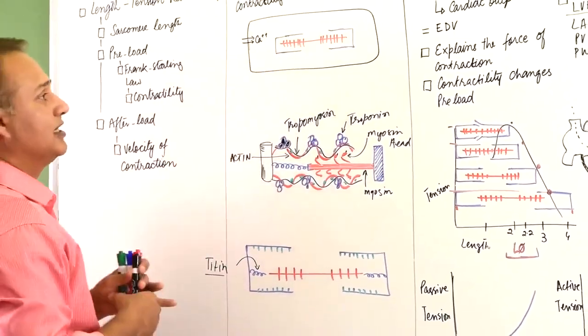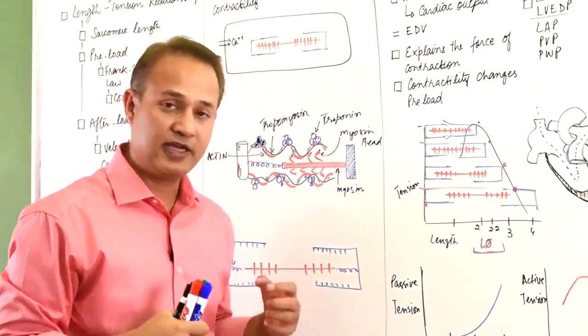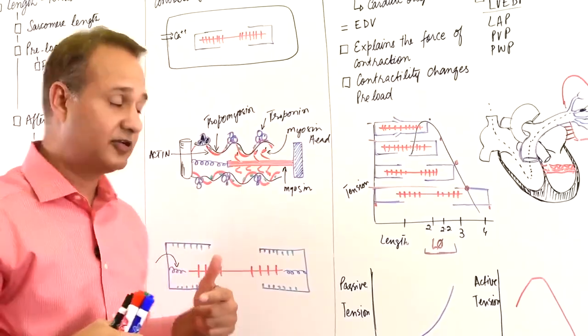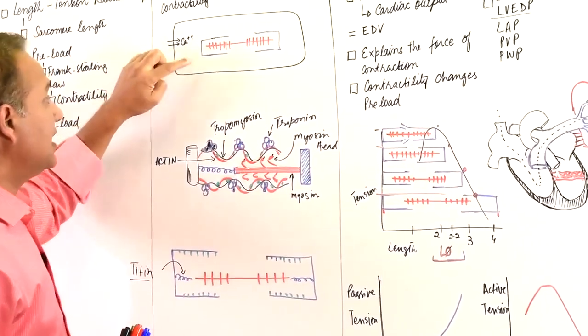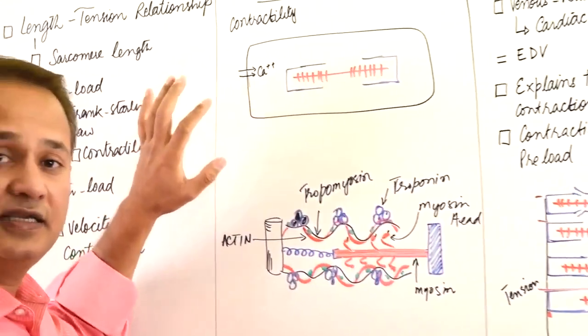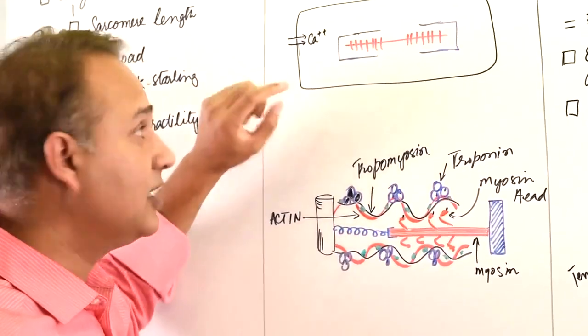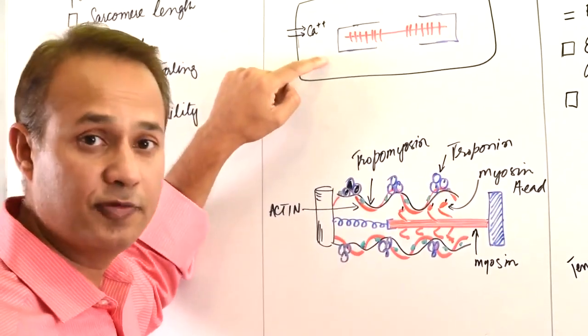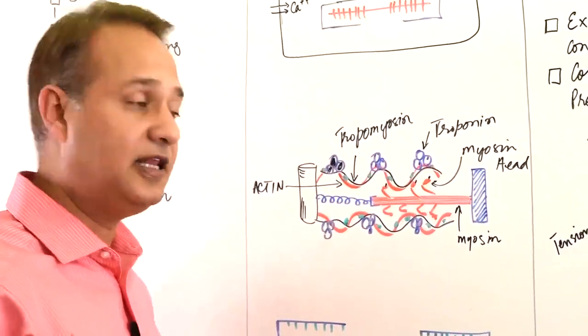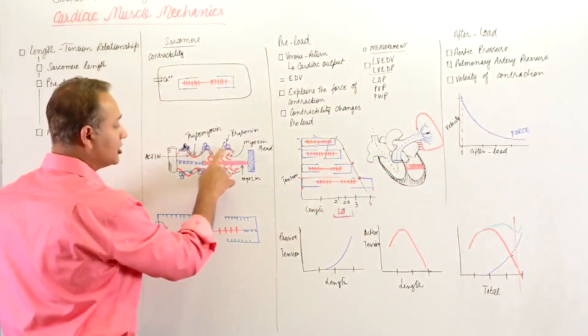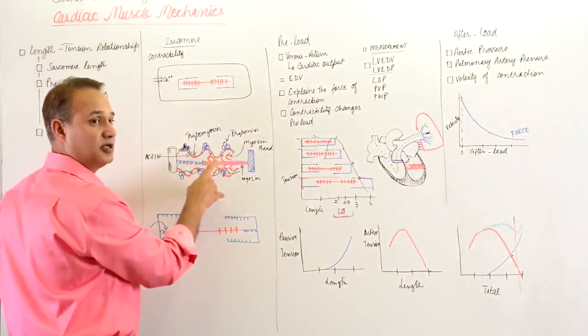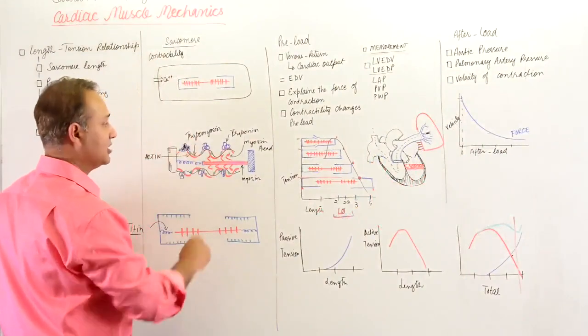The role of contractility is this. We have done this many times in our other lectures for the cardiovascular system. As the calcium comes in, it is the volume, it's the quantity of the calcium inside a myofibril that dictates the number of cross bridges that would be established. How? By two mechanisms.